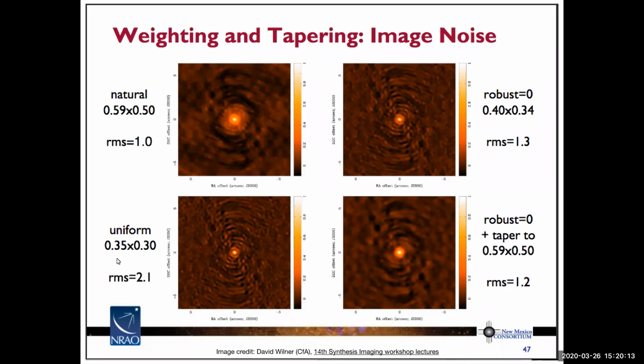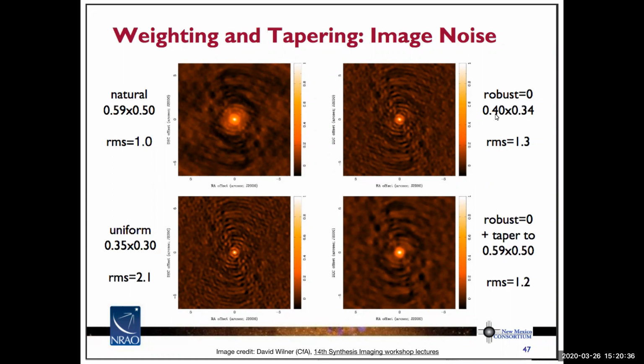Contrast that with the uniform, which gets you a much smaller beam size. It's almost half the size, so your resolution is improved by almost a factor of 2, but so is your noise. And so that's a trade-off. And which one of these you might want to use depends on your scientific goals.